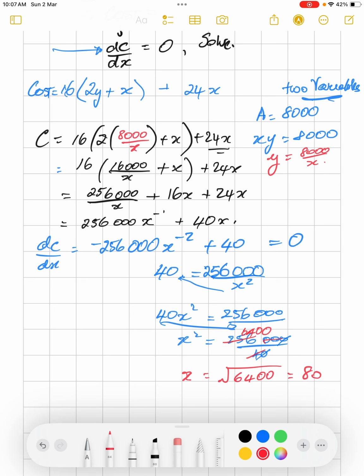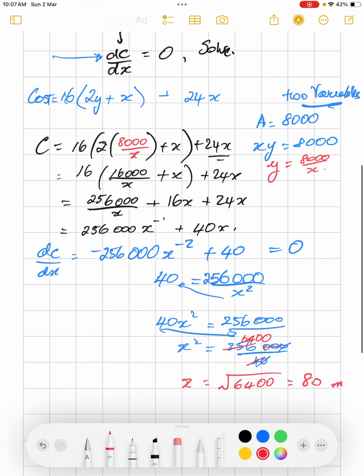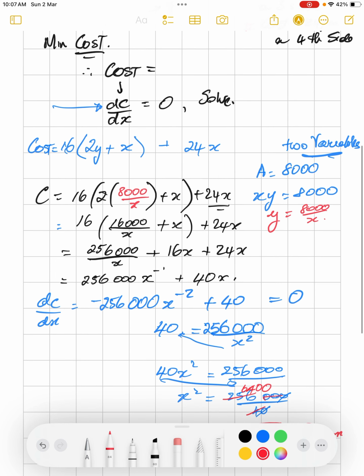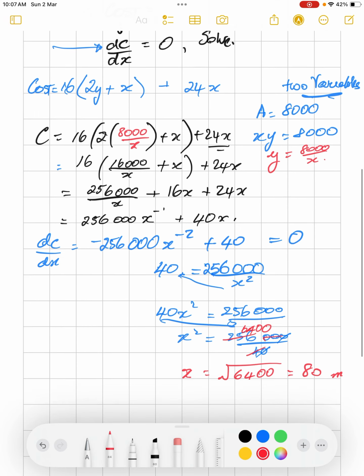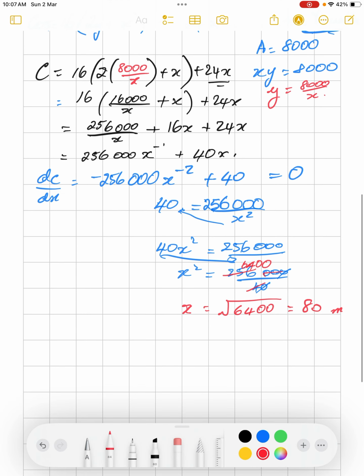Now we want to check that it's optimized, so we want to put that into the second derivative. d²C/dx² is positive 256,000 times 2 x to the negative 3.